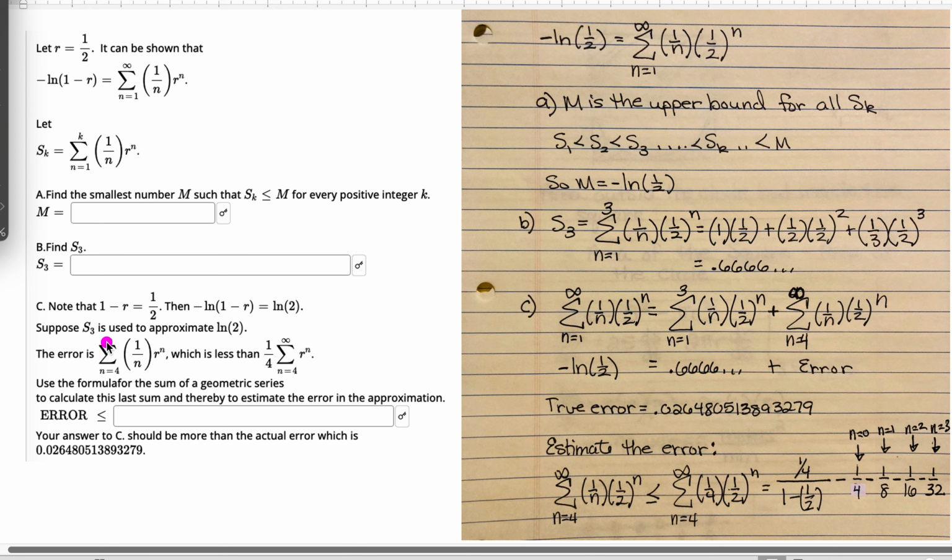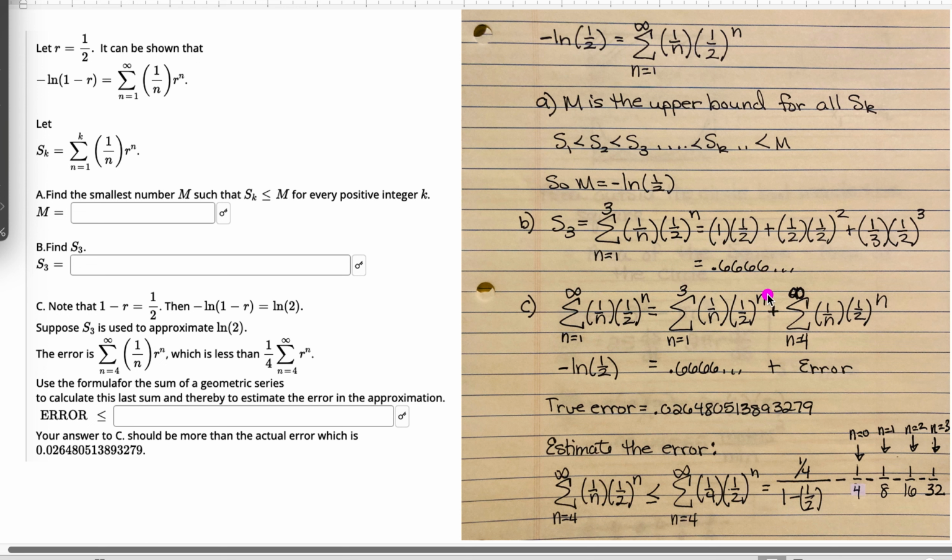Part C is basically talking about error. If I look at my full series from 1 to infinity and estimate it with just the third partial sum, S3, then there's going to be an error, and the error is whatever is left over, because I stopped at n equals 3.